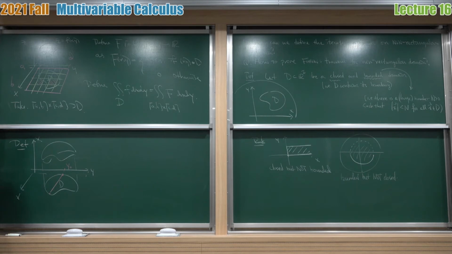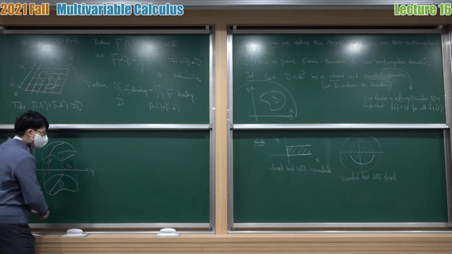Okay. And then a section appears on the graph, right? So when you take a rectangular domain and fix the y value, the range of x is always from constant to constant. But if your domain is not rectangular, the minimum and maximum of the range of x change according to the point y, right?